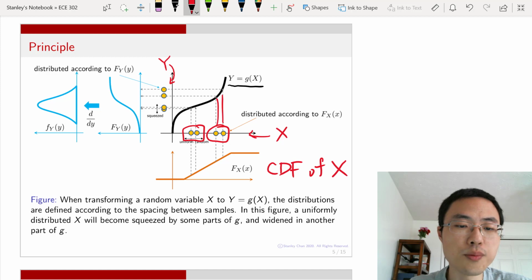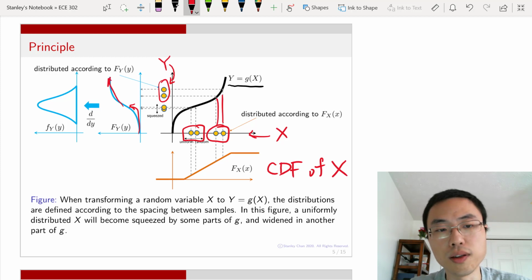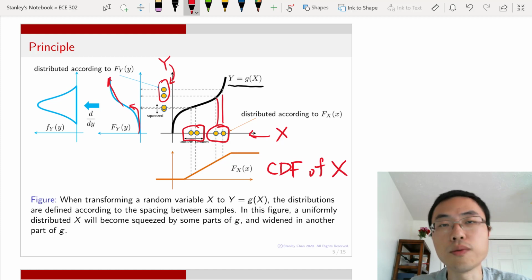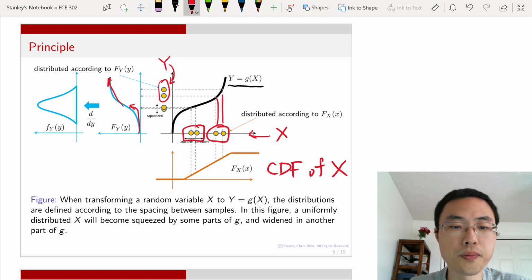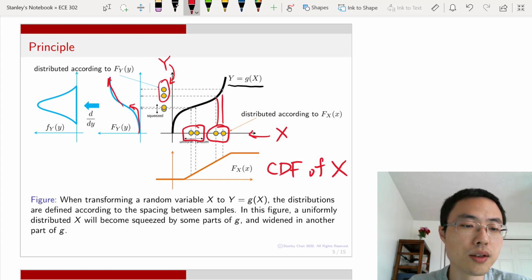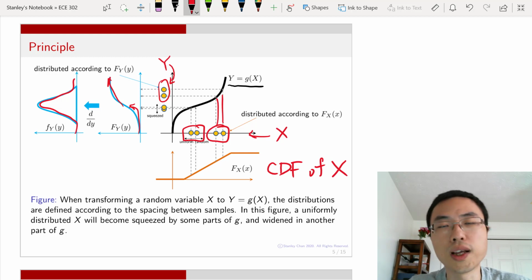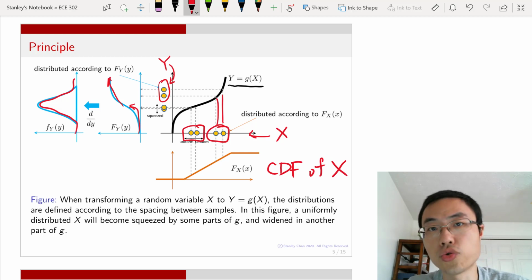Now you have more samples here, so it will go up faster in the beginning, and then you have more spacing there, and so you go up slower towards the end. That will be the shape of the CDF of the transformed variable y. And then you take the derivative. Then you are going to get this derivative, which is the slope of your curve. In this case, it's more like a Gaussian, but that's a cartoon illustration.